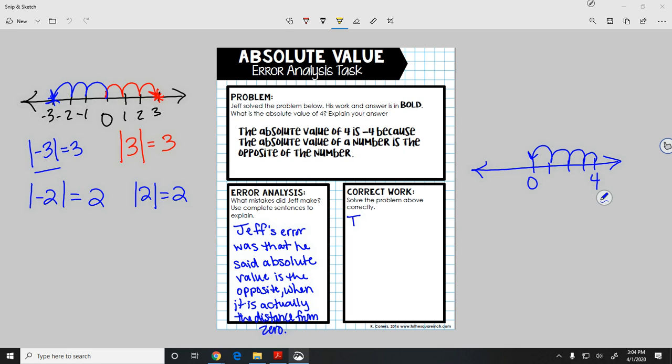So we'd say the absolute value of 4 is 4 because 4 is 4 spaces away from 0. And that's our error analysis problem for today.